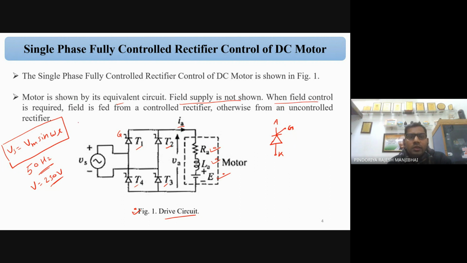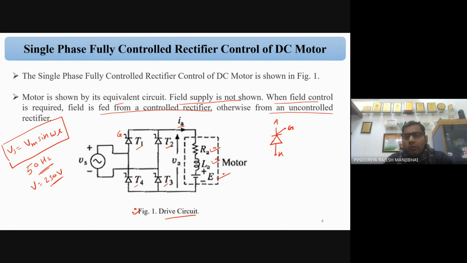When field control is required, the field is fed from a controlled rectifier, otherwise from an uncontrolled rectifier. In this diagram we do not show the field supply, but if you want to connect it, you can, fed by a controllable or uncontrolled rectifier. That is up to you.